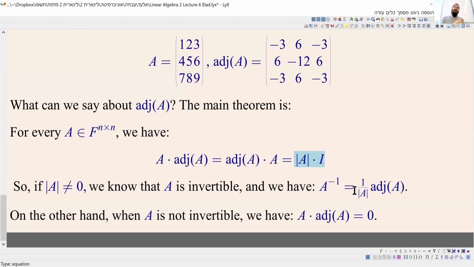That's what happens in our example. We know that this matrix is not invertible, and one can check that multiplying A and adjugate A gives us 0.